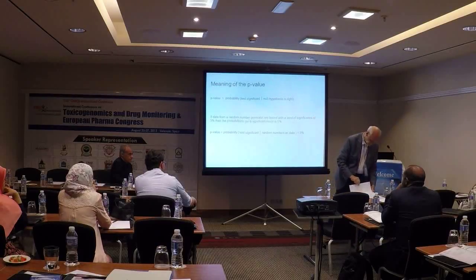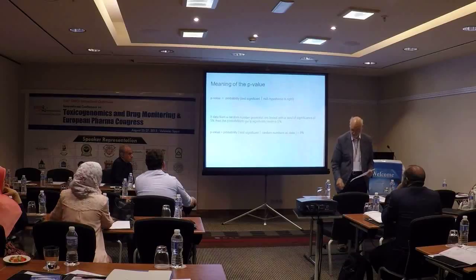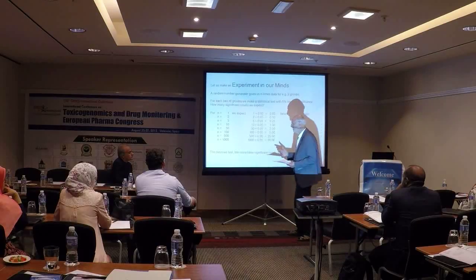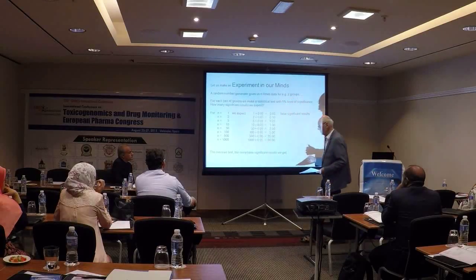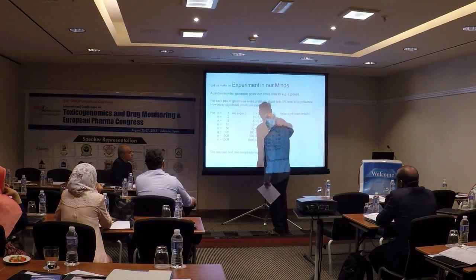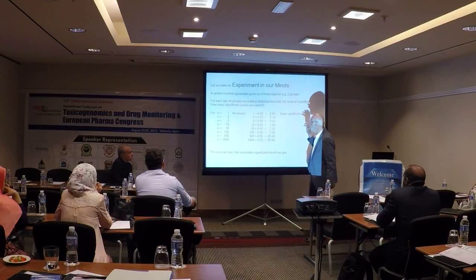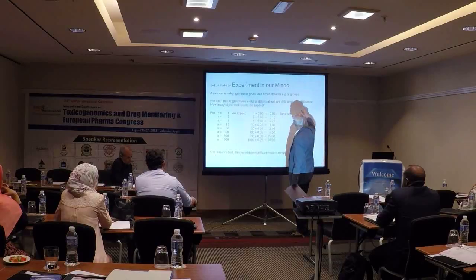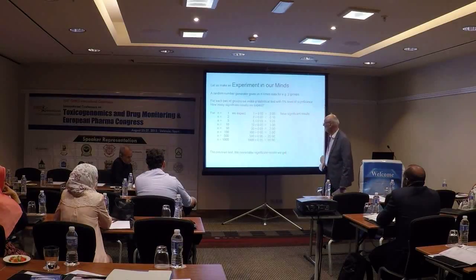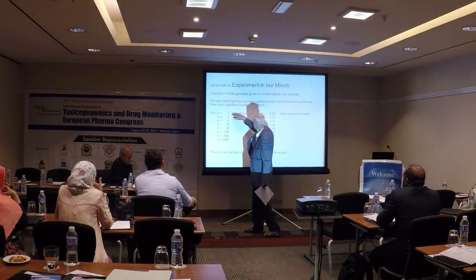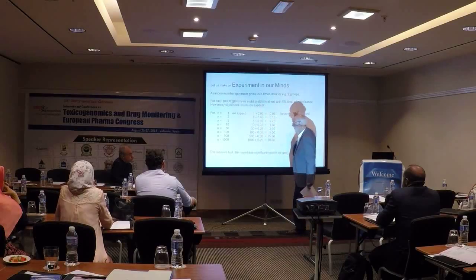And now I want to do an experiment with you in our minds. Let us take a random number generator, that's a computer program today. It's not a dice or a coin, it's a computer program today. And it gives us data, for example, for 2 groups. For each pair of groups, we make a statistical test and we select the 5% level of significance. How many significant results do we expect? If we have one pair of groups, then we expect the 5% we have already got.